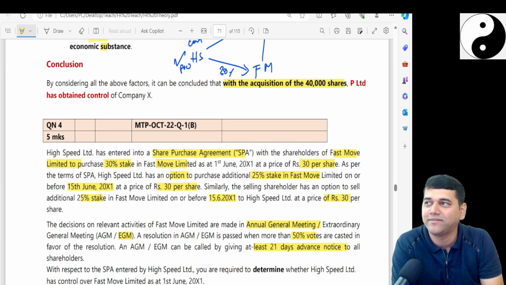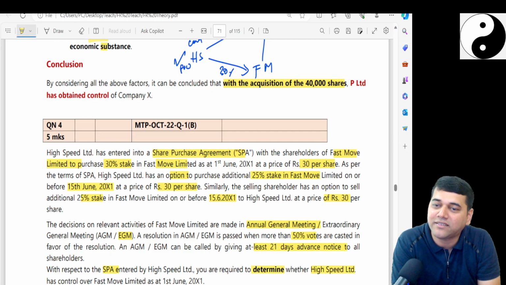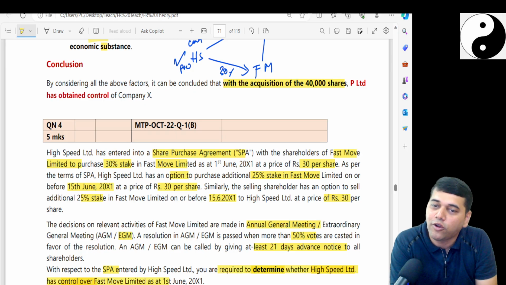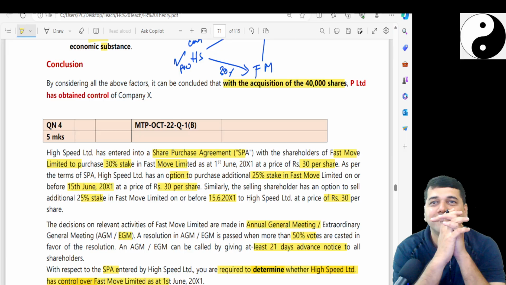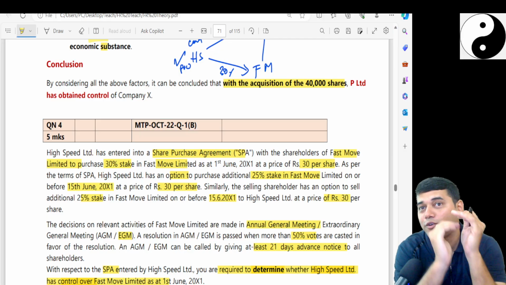going to lapse. Now, with respect to this agreement, you are required to determine whether High Speed Limited has got control on 1st June. Who controls on 1st June?